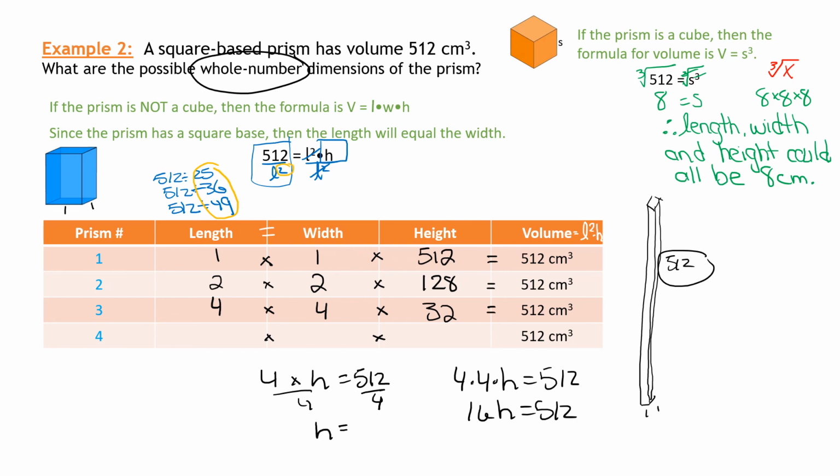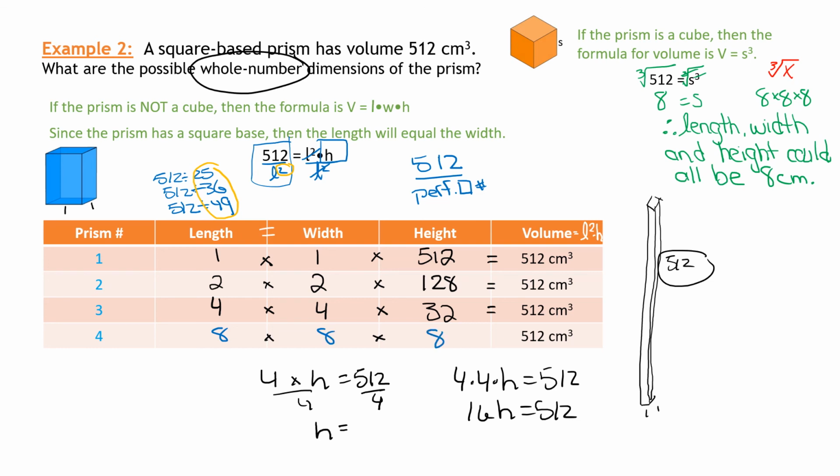So if you know your perfect square numbers, all you really need to be doing right now is 512 divided by perfect square numbers. You can go through your list that way as well till you find more numbers. Now I'm going to add 8 in here because we know we already got this one, 8 by 8 by 8.